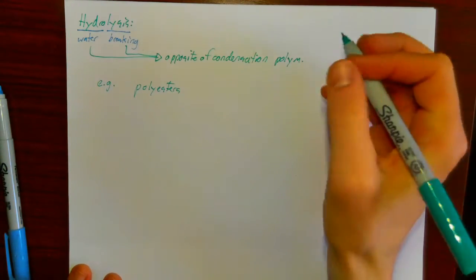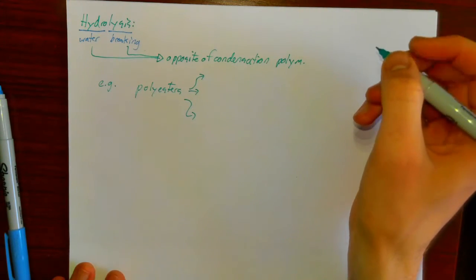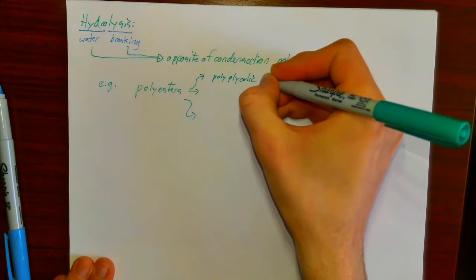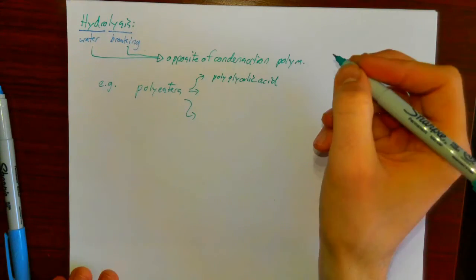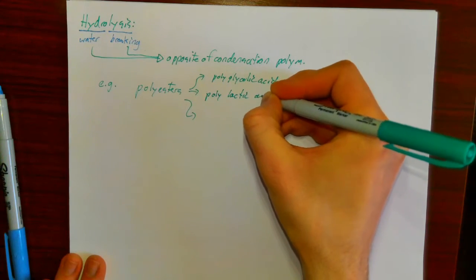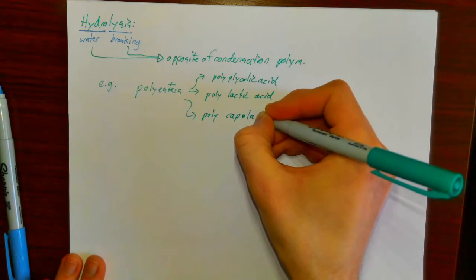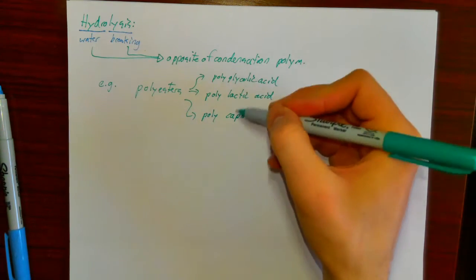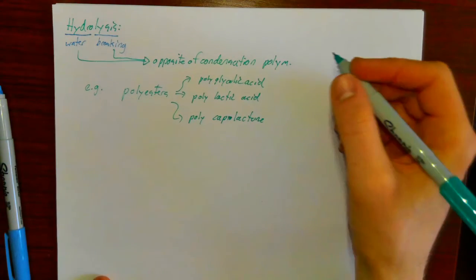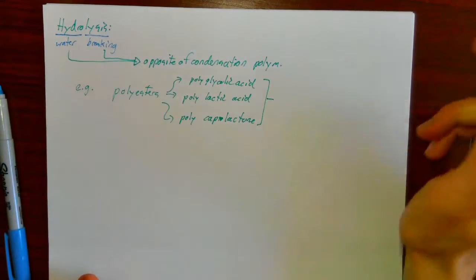Some specific examples of polyesters include polyglycolic acid, polylactic acid, and polycaprolactone. These are polymers that degrade via hydrolysis, and all of them are polyesters because they have this ester bond in them.